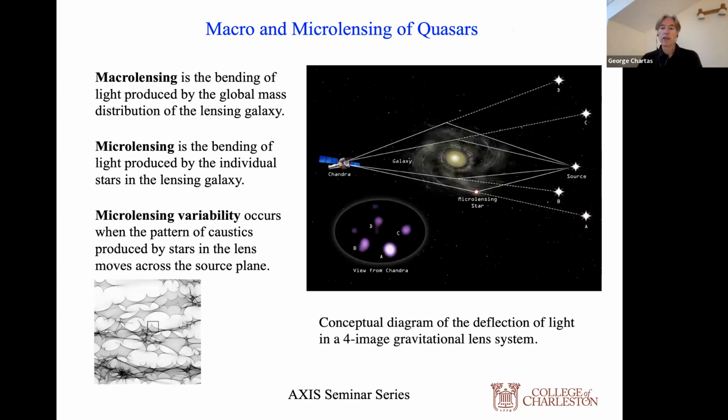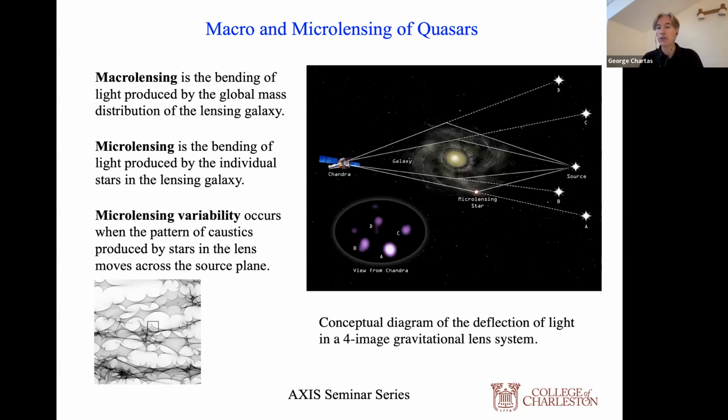So if you have a distant source between you and the observer, if there is a galaxy, that galaxy can actually bend the light from the source. So in the case where the total gravitational potential bends the light, you have the formation of multiple images. So macrolensing produces multiple images, and then in addition, magnifies.